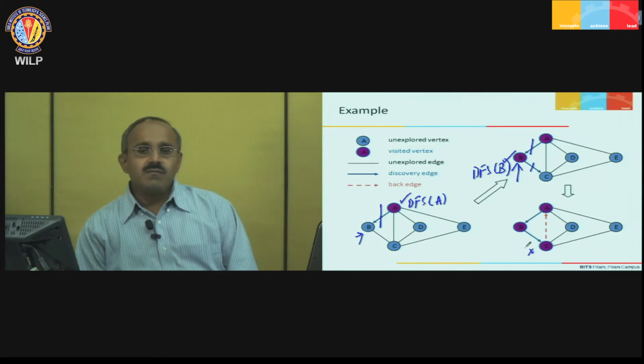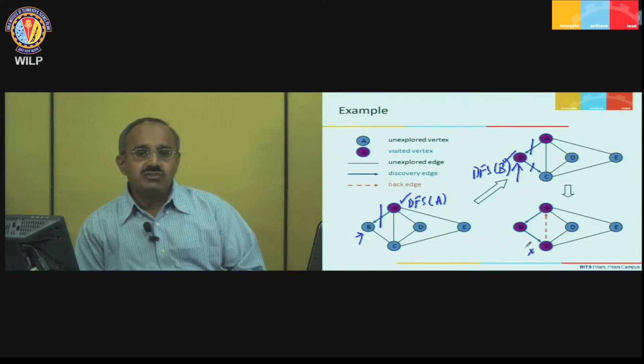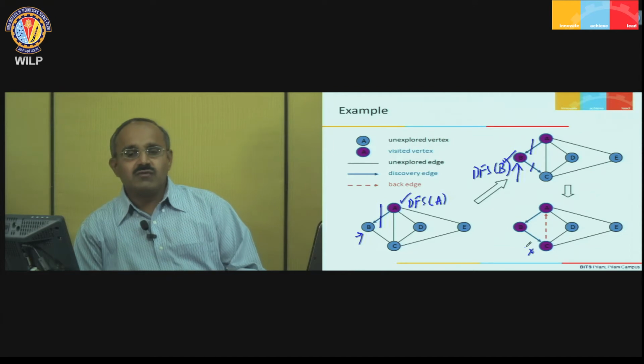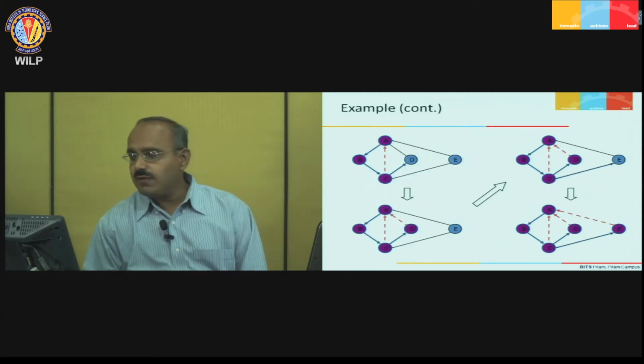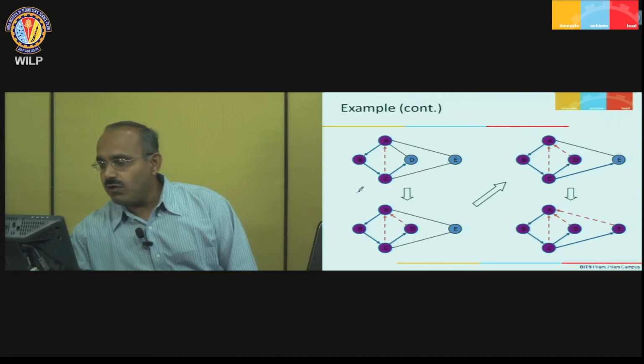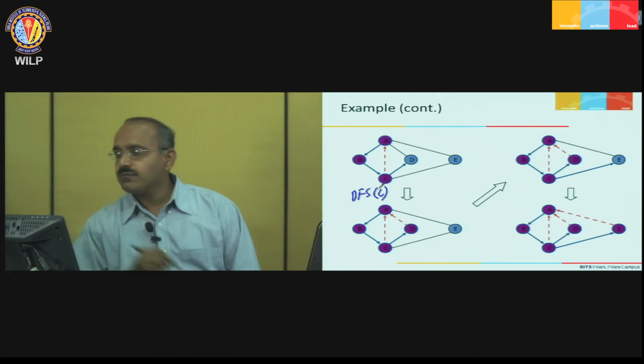Every time we traverse an unexplored edge and reach an unvisited vertex, we mark it as visited. Then we call the DFS procedure at this particular node.